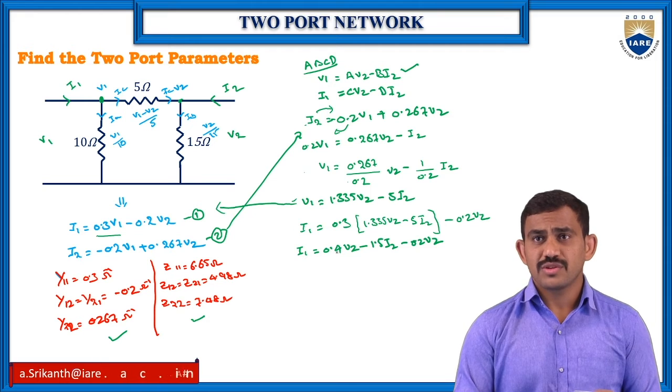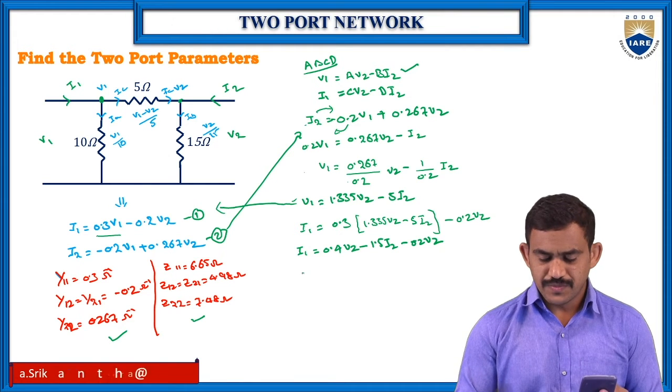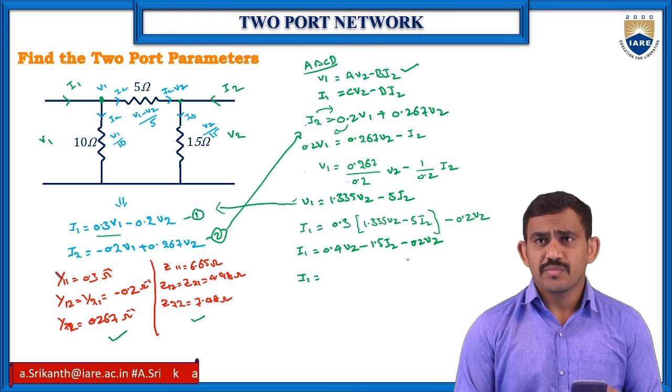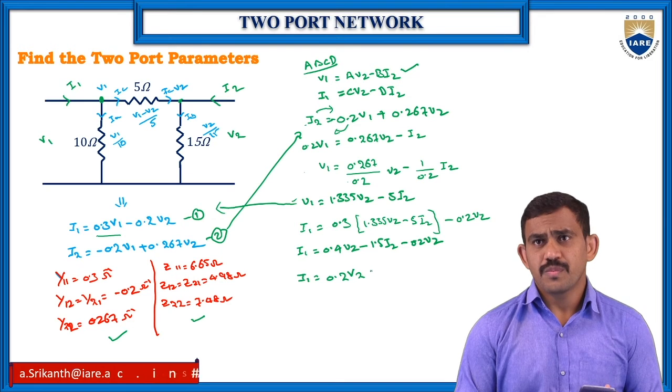So minus 0.2 here, so your I1 equal to 0.4 minus 0.2, we have 0.2 V2 minus 1.5 I2.